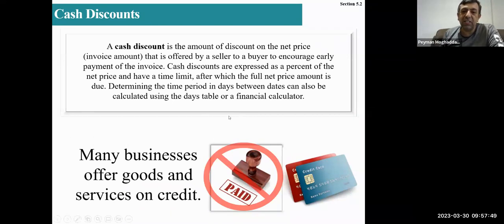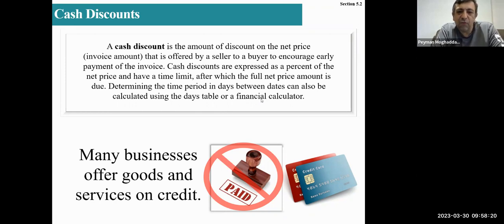So basically, when you buy something from a seller, this happens mostly between two corporations, two companies. One company buys something from the other company, and the company which is selling basically sends an invoice to the company which is buying, asking to get paid, right?